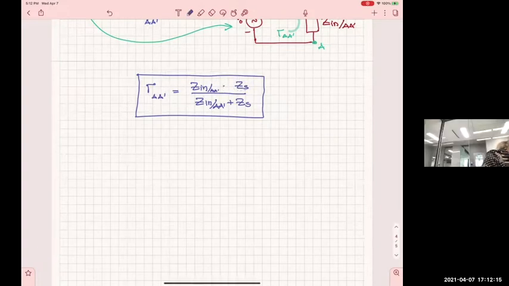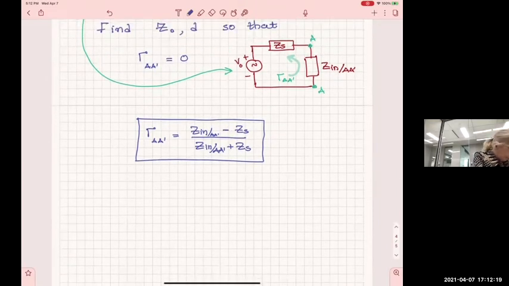Yes, it's the same. So when the line is gone and we have only the input impedance there, which we know, and then we only have the source behind it, the expression for the reflection coefficient is this one. We do that because we want to match to the source.